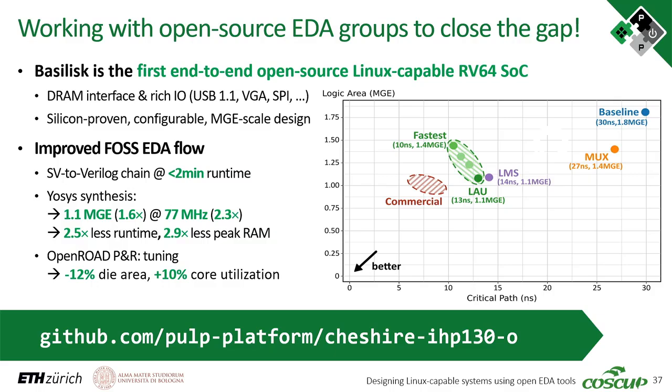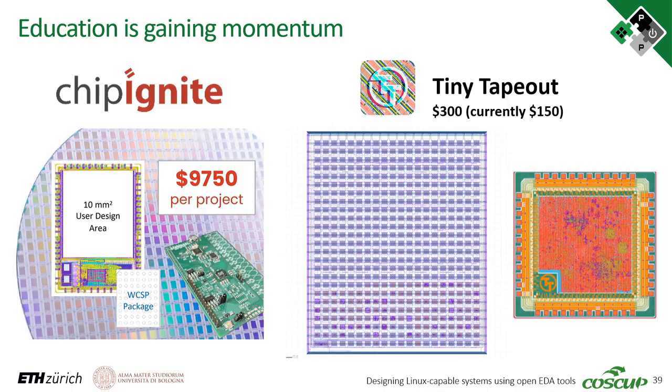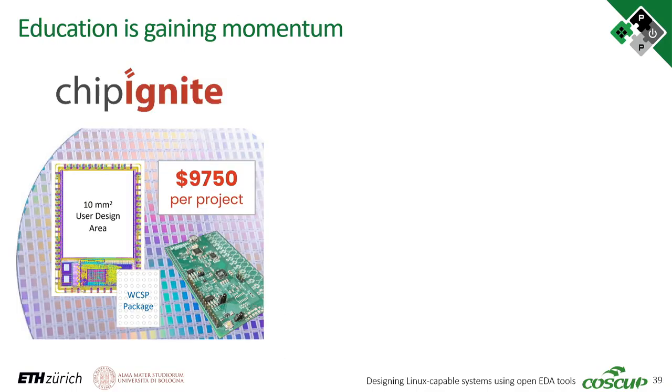By the way, eFabless and Skywater have the template SoC called Caravel. Is Croc also in this manner, with a user design area and a harness SoC? Is this the same architecture you're using? That's actually one thing we want to do differently than Caravel. With Caravel, you have this user design area where you can put your own design, but the pad frame, where the pads are, and a bit of system infrastructure are given.